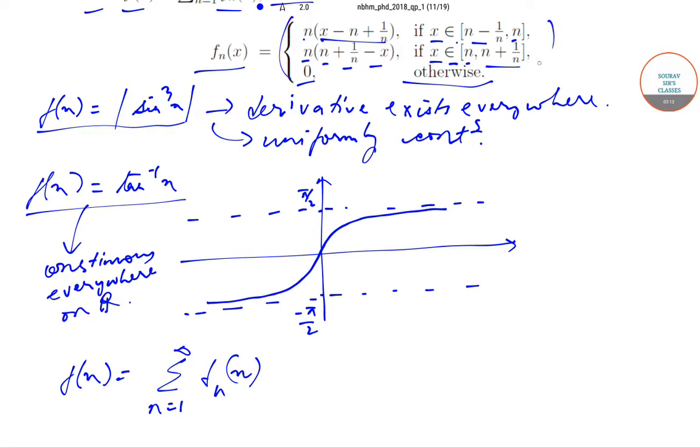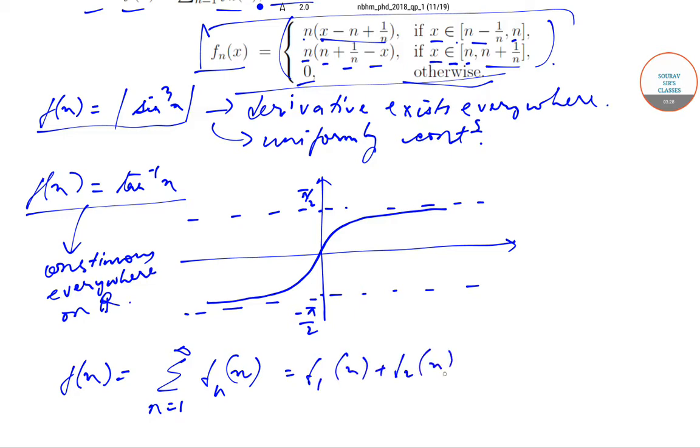As you can see here, f_n(x) is continuous, but the spikes above the x-axis occur, so basically this is equal to f_1(x) plus f_2(x), and this will go on up till f infinity of x. The spikes above the x-axis become narrower as n tends to infinity.